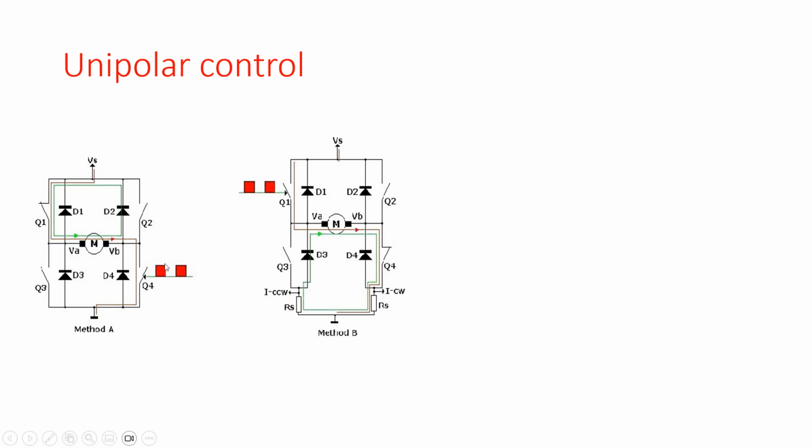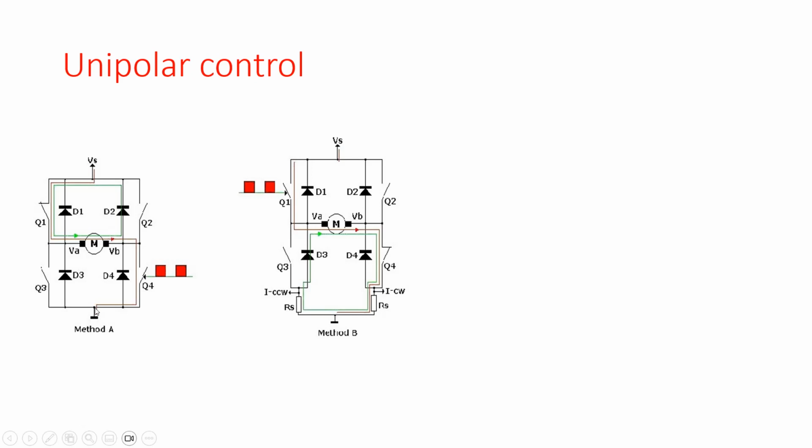When the value of the PWM is positive, then Q4 is closed, and in that situation the current will flow from the power supply through MOSFET Q1, through the motor, through the closed MOSFET Q4 to the ground and back to the power supply. So the current flow will be the red one, which is depicted over here.